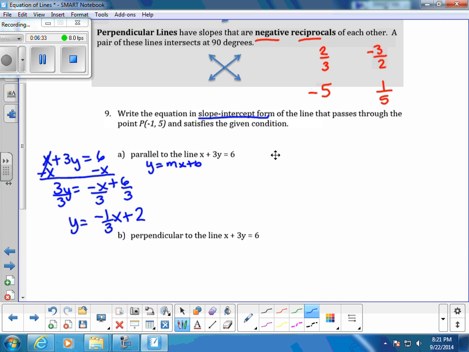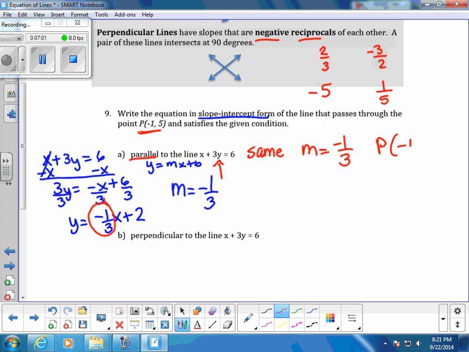Now all we care about is that slope. And the slope is going to be the coefficient in front of the x. So the slope of the given line is negative 1/3. I need parallel. Parallel means use the same slope. So when I make my equation, I'm going to use the same slope, and then they told me to use the point (-1, 5).